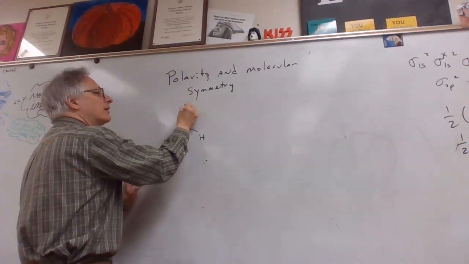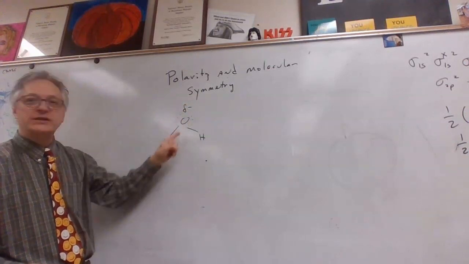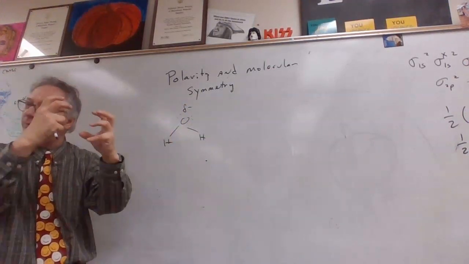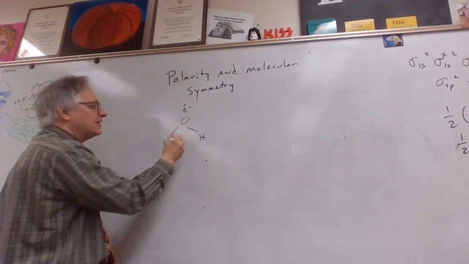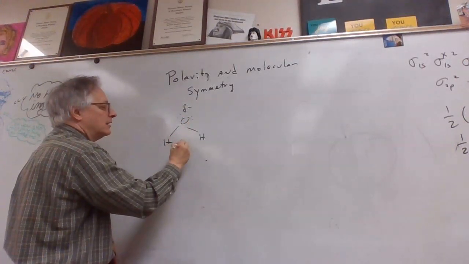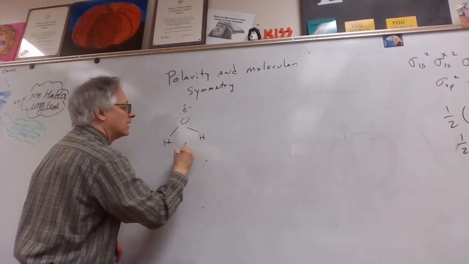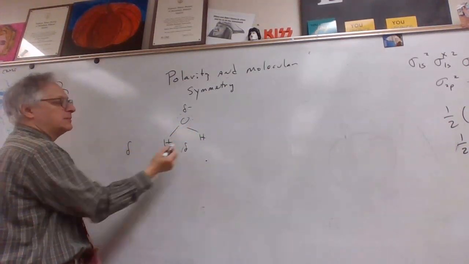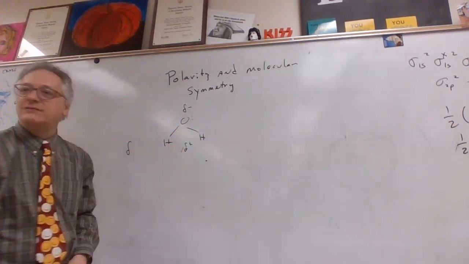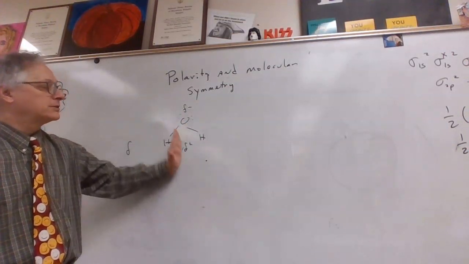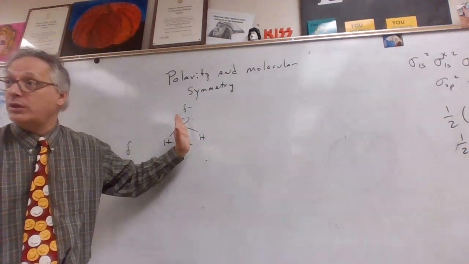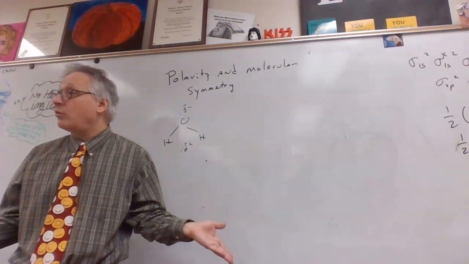So this part up here is going to have a partial negative charge because oxygen's very electronegative. It wants to suck those electrons toward itself. And this part down here is going to be, that little squiggly thing is a lowercase delta, meaning partial positive charge. So this molecule is polar because there's charge separation in the molecule, just like a magnet has a north pole and a south pole.